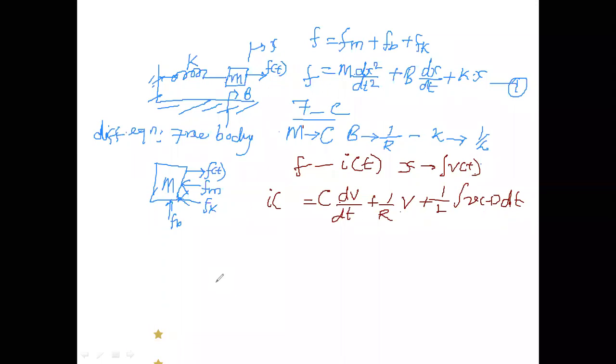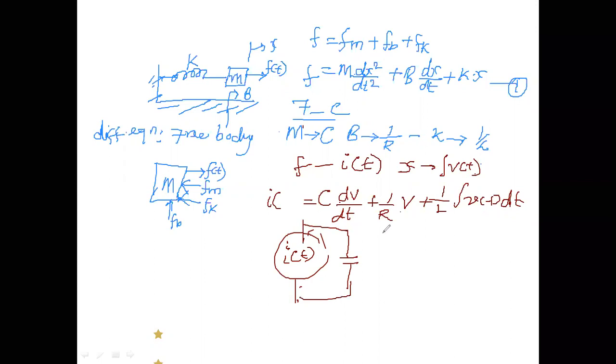Let us see how I am making this circuit. The current is i(t) here, this is your current source. The first component is your capacitance C, connected in parallel with this current source.